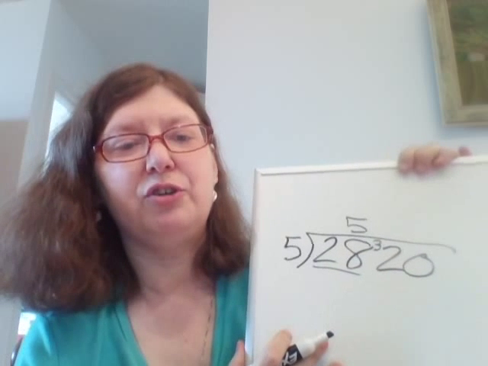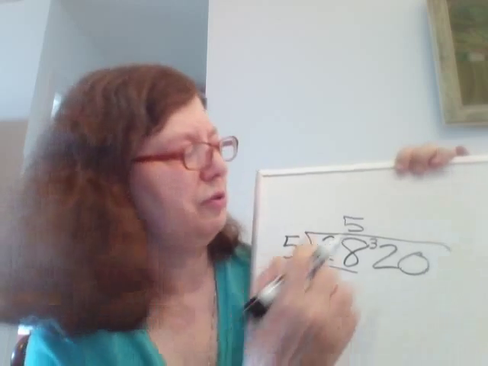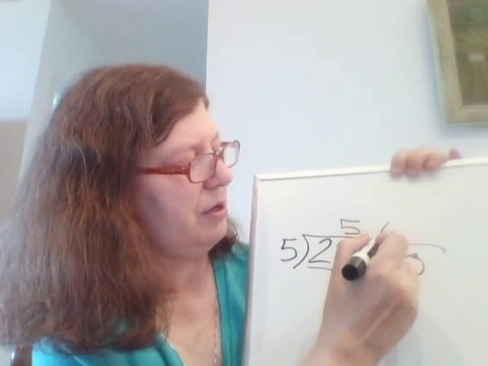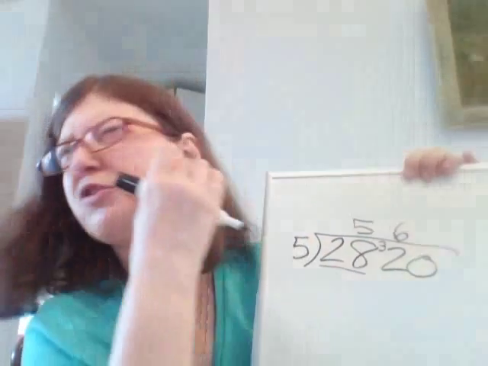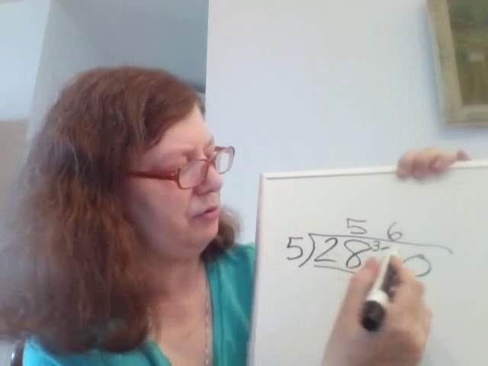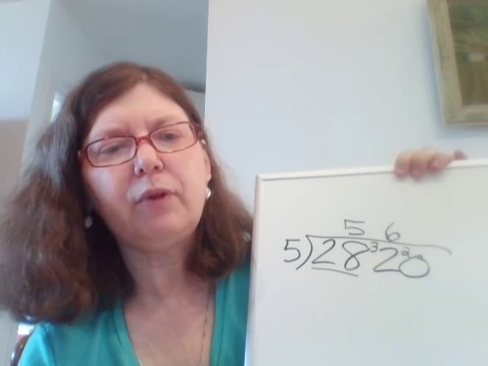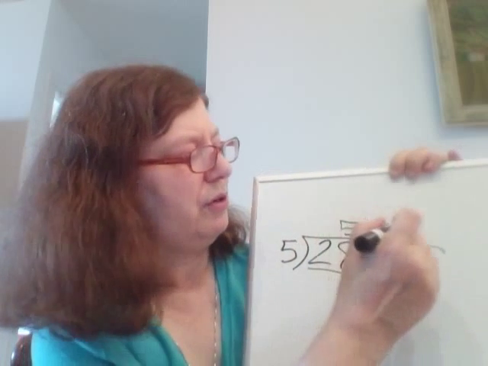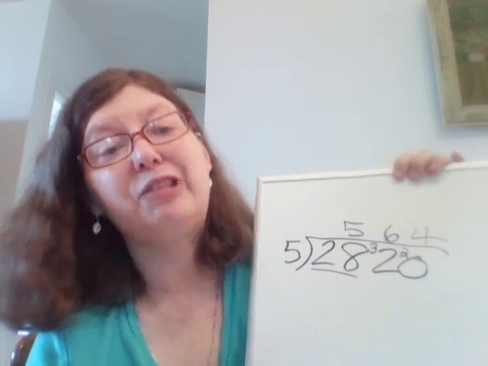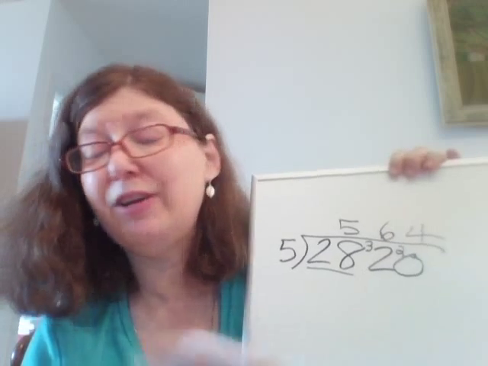Now, 5 goes into 32. Well, 5 goes into 36 times. 6 times 5 is 30. From 30 to 32 is 2. That goes in front of the next guy. 5 goes into 24 times. We're done. Short division is shorter, right?